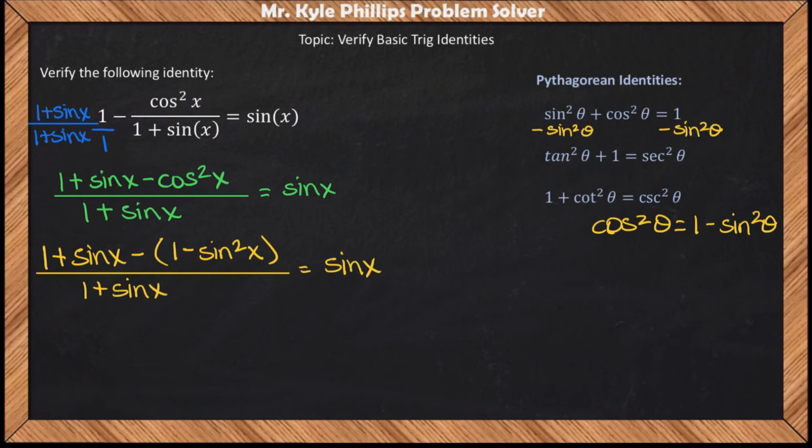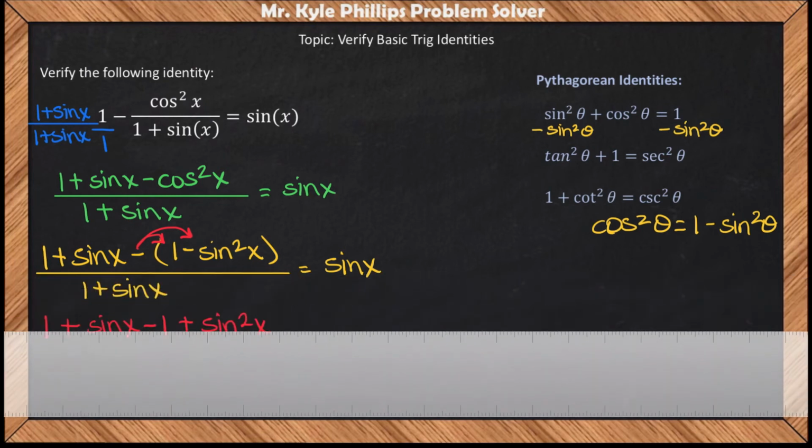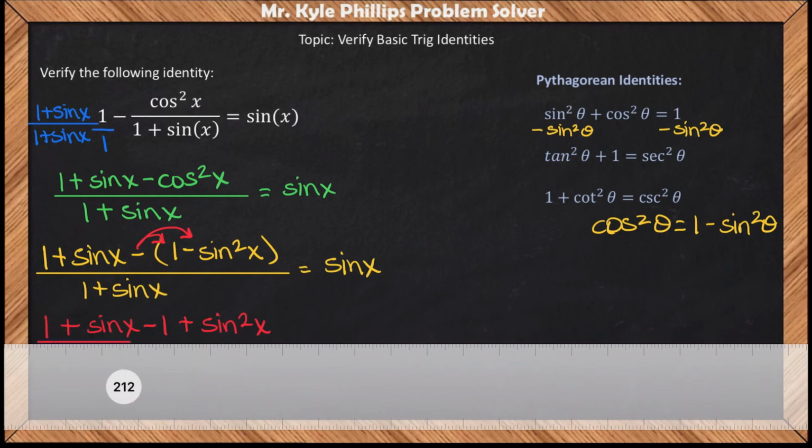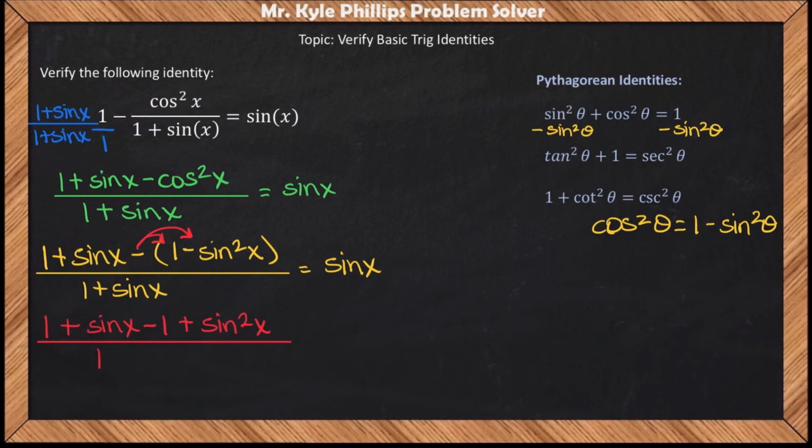Now we're just going to do a little bit of distribution. We're going to take this negative and distribute it to both terms inside the parentheses. So we have 1 plus sine x minus 1 plus sine squared of x. This will all be over 1 plus sine of x.